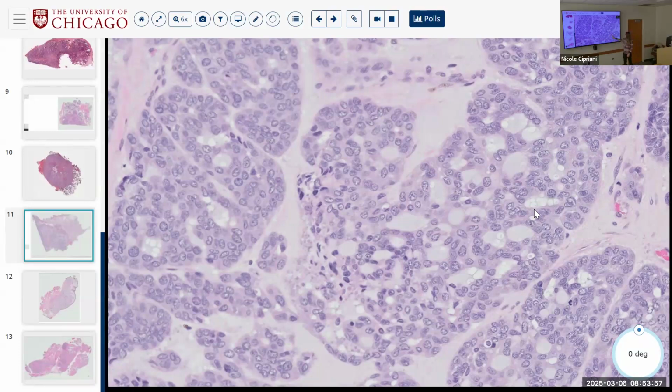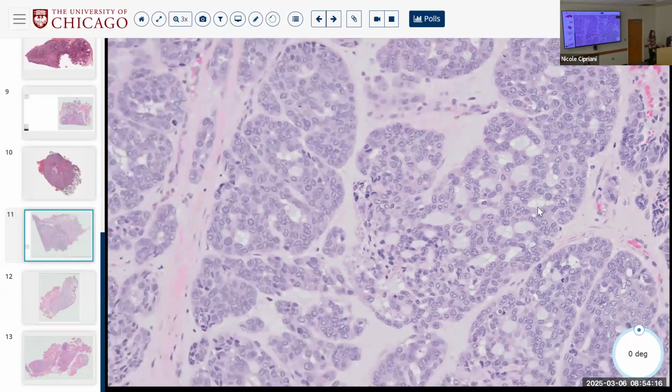More open, right? Very open chromatin, kind of grooves and wrinkles. Oh, look, there's my mitotic figure. Some people have likened these nuclei, for better or for worse, to papillary thyroid carcinoma, where they're elongated, grooved, wrinkled, with open chromatin. Okay?